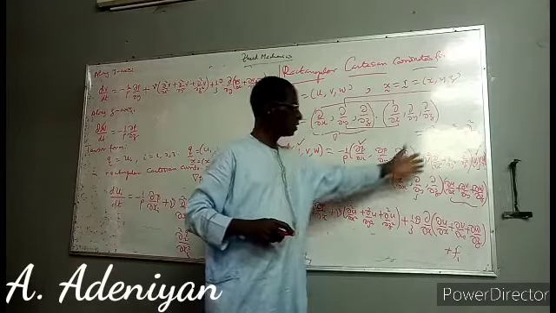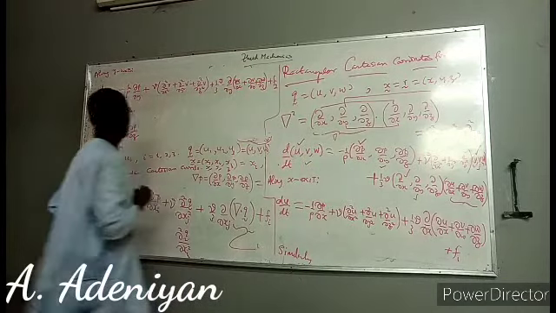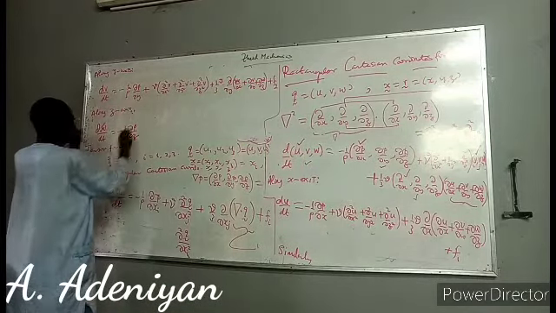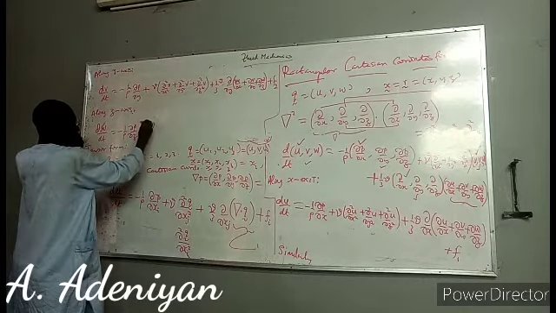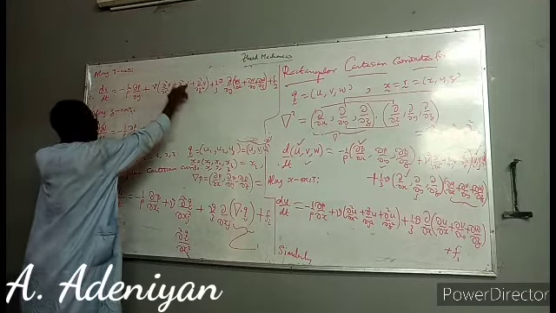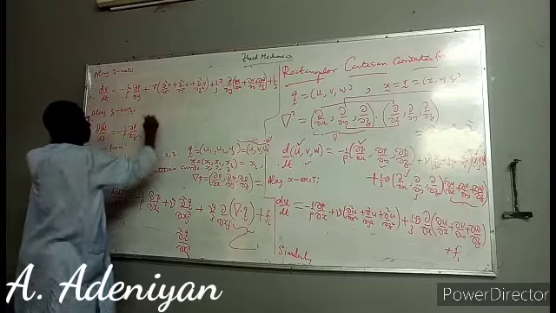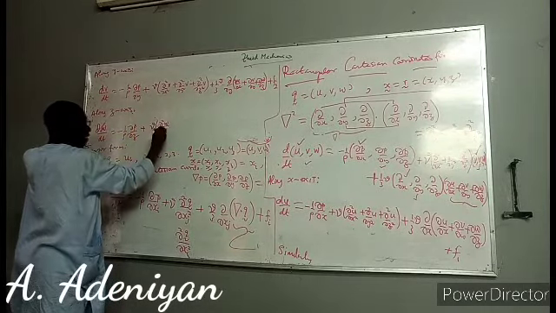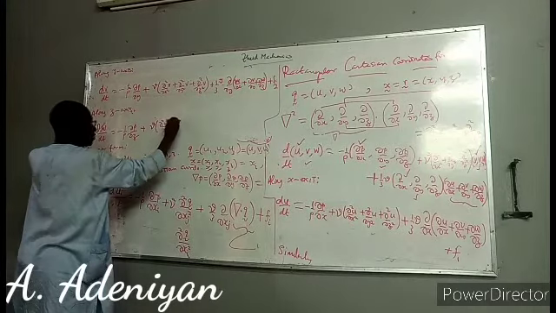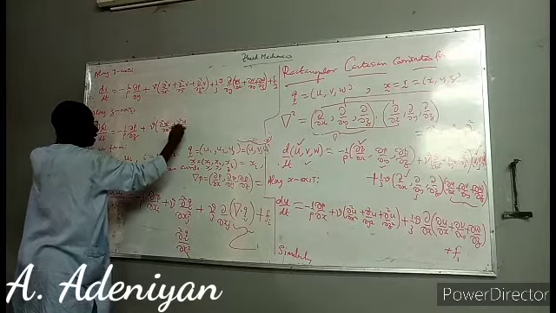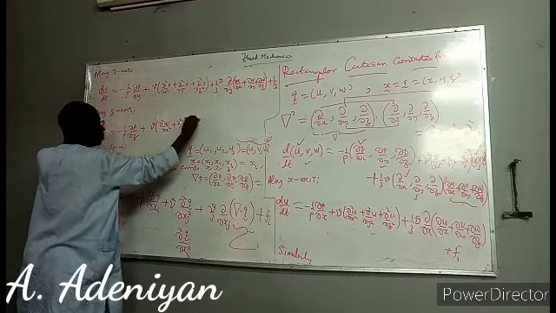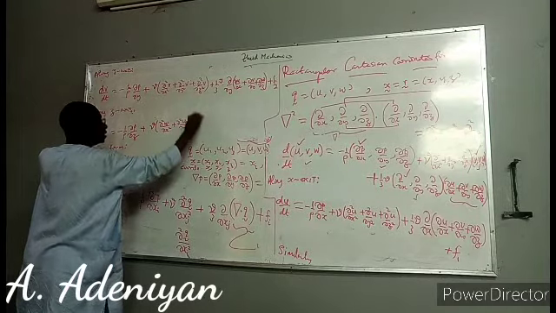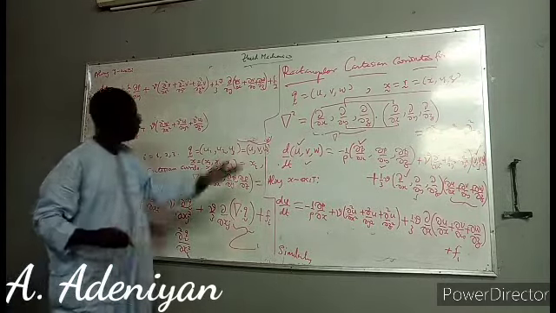Then all of that follow the same trend. Clearly you can see this is this. The only thing is that this time around we remove V and put W. So di 2W, di X squared, di 2W, di Y squared, plus di 2W, di Z squared. So that's it. Of course, it's obvious from here.